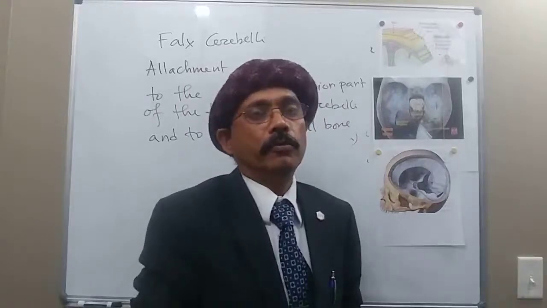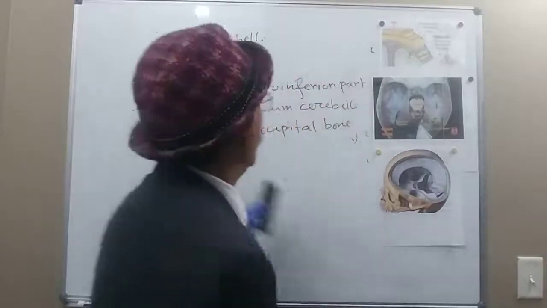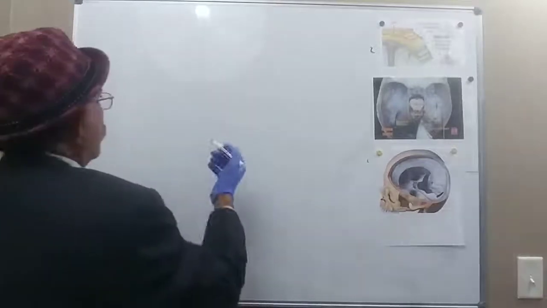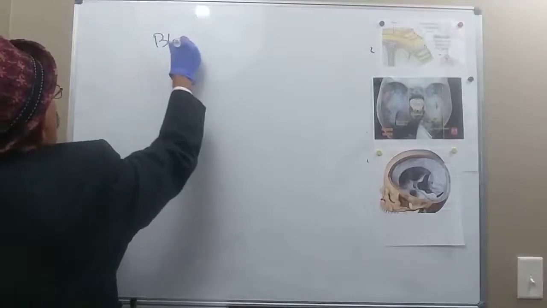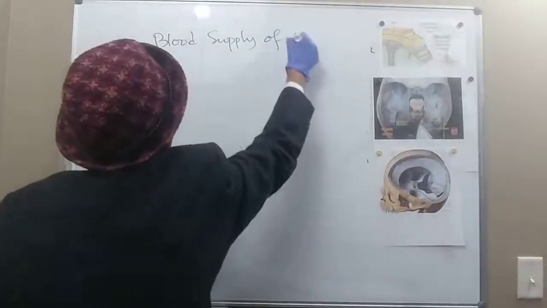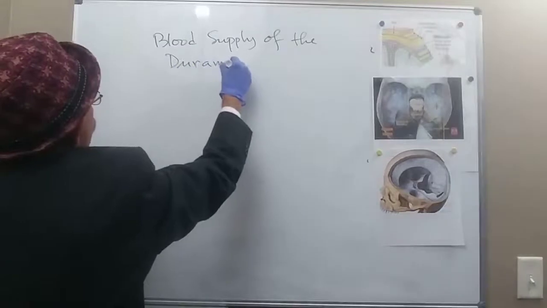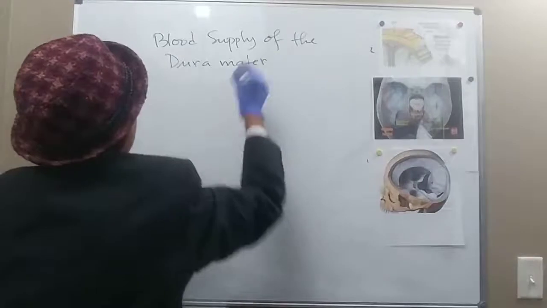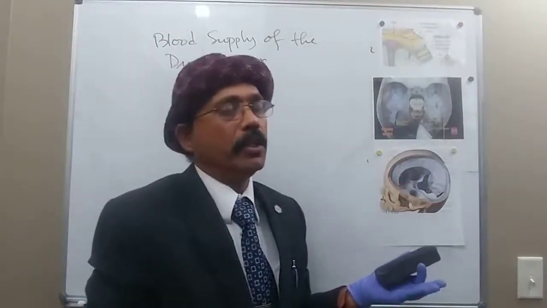Okay, now we have gone through the dura mater, and now we'll discuss the blood supply of the dura mater, or we can say the blood supply of the meninges. It is a meninge, so it should be supplied by the meningeal arteries.